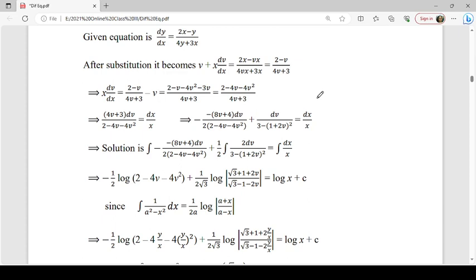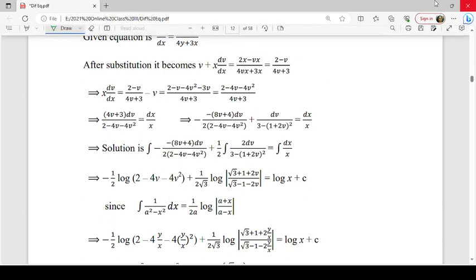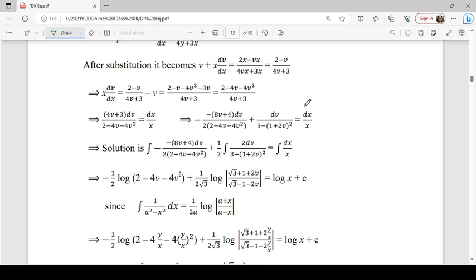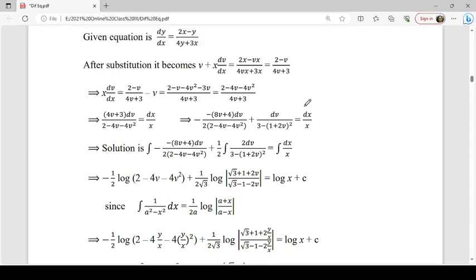So we are substituting 2 minus 4v minus 4v square as z, then minus 4 minus 8v dv is equal to dz.